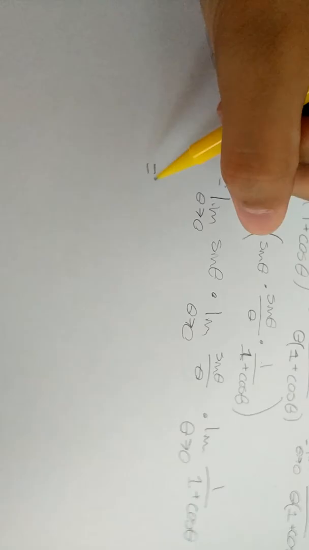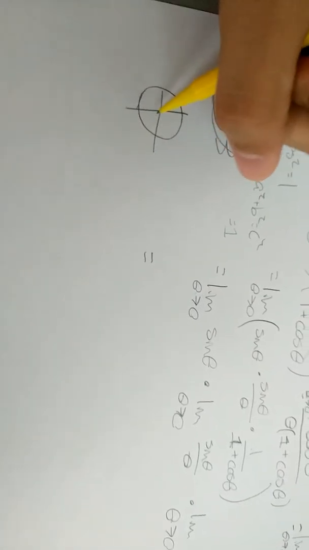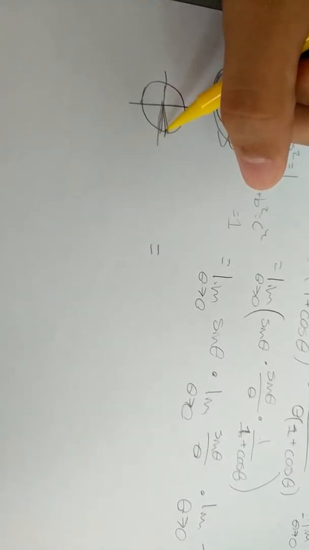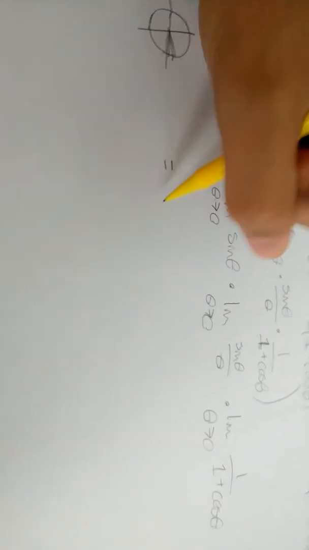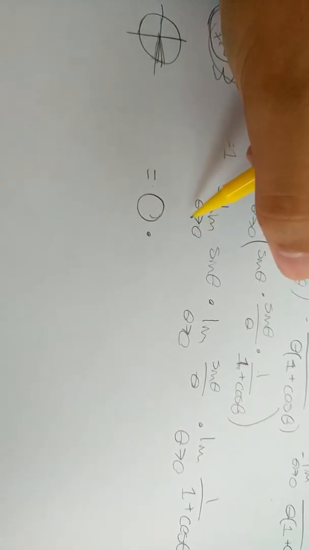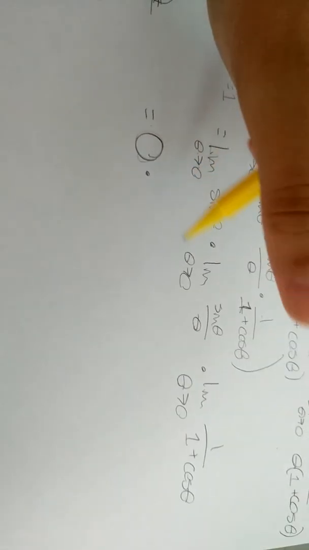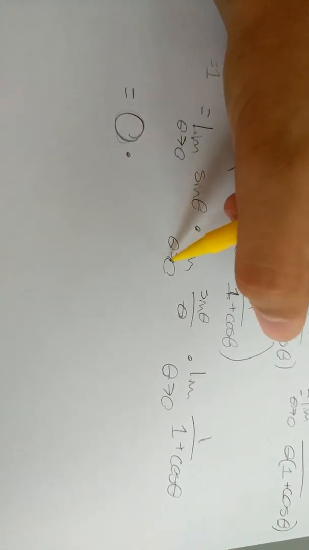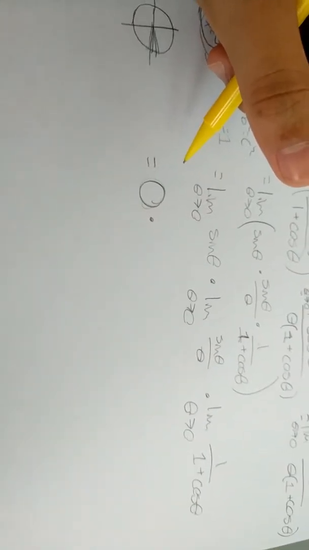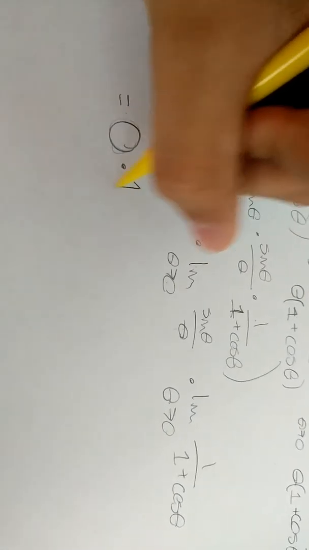Now you'll notice that as theta approaches 0, the y value, or the sine, approaches 0. Now we don't need to write the limit of theta approaches 0 because we're plugging in values. The limit as theta approaches 0 of sine of theta over theta was the first trigonometric limit we proved. It is equal to 1.